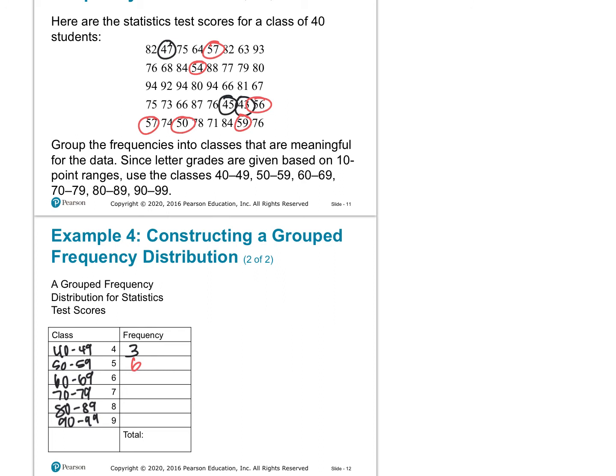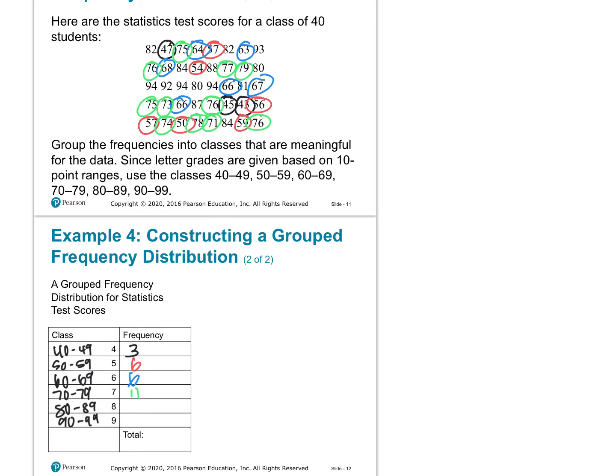All right, and then 60 to 69, so 1, 2, 3, 4, 5. Well, there should be one more, 6. And then 70 to 79, so 1, 2, 3, 4, 5, 6, 7, 8, 9, 10, 11.